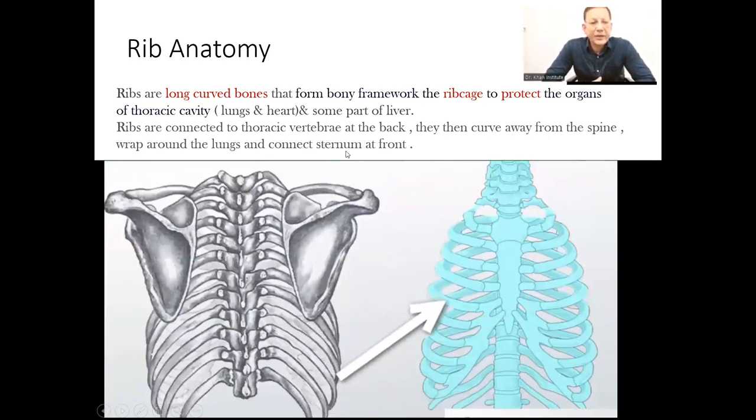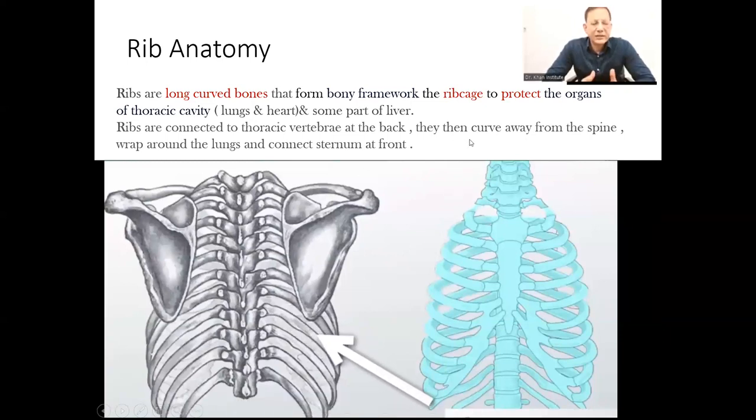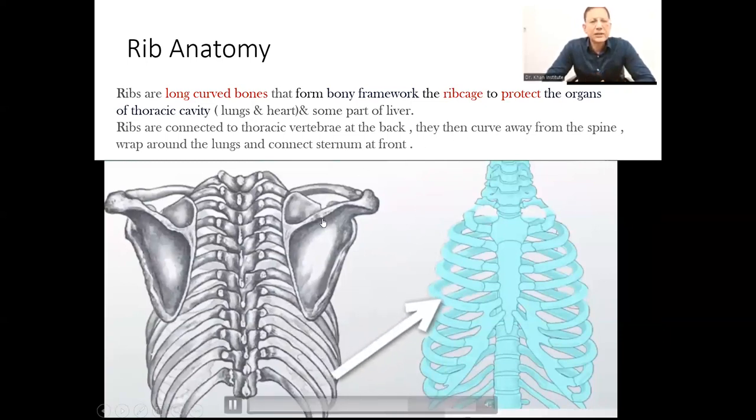Ribs are connected to the thoracic vertebrae at the back, and they curve away from the spine and wrap around the lungs and connect anteriorly to the sternum.